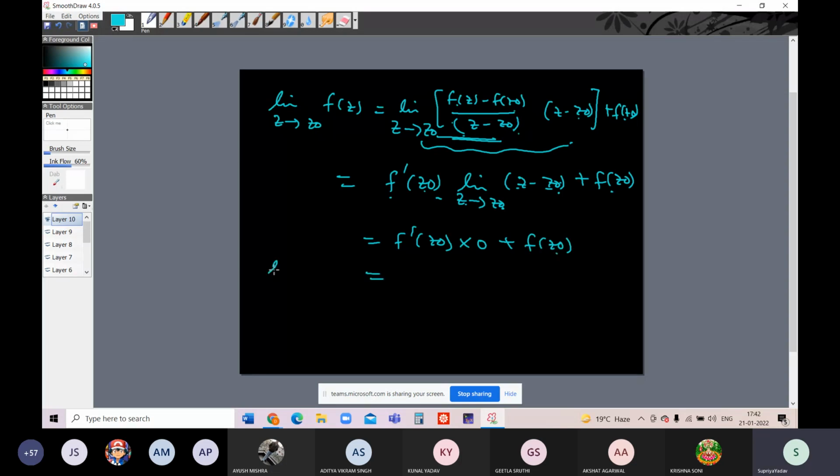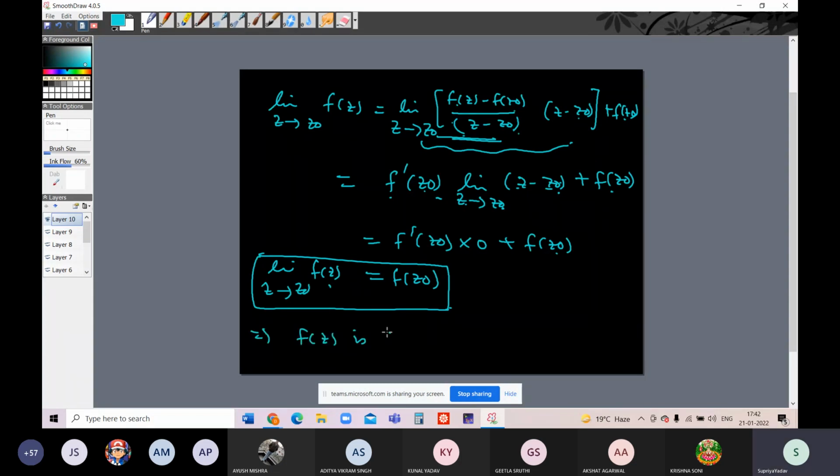So limit z tending to z naught of f z is f z naught. It is proved. Hence the function is continuous. So f z is continuous at this point z0. The function is continuous at this point.